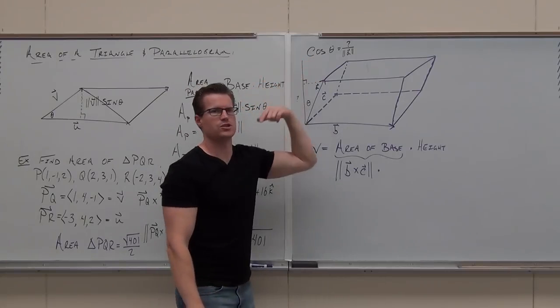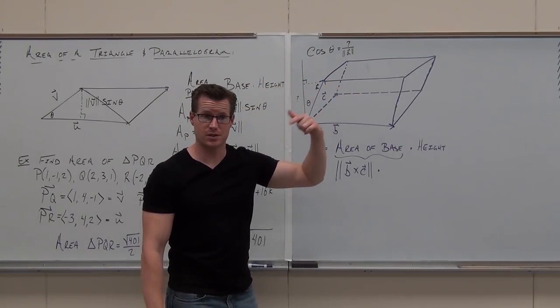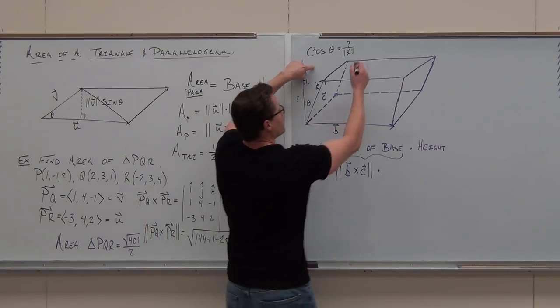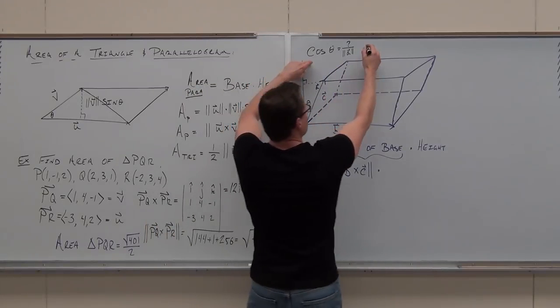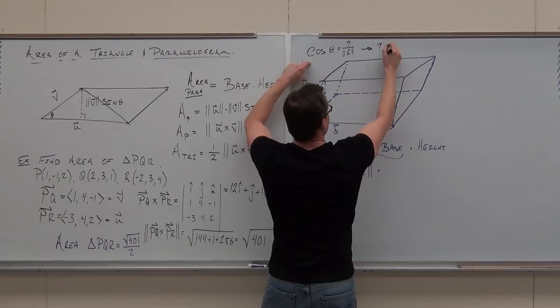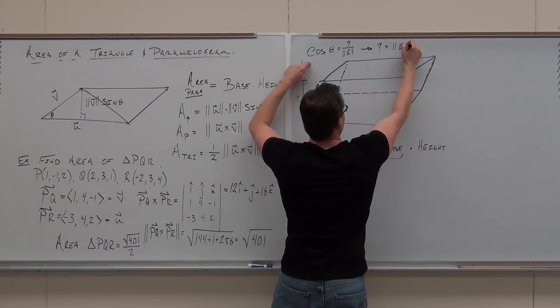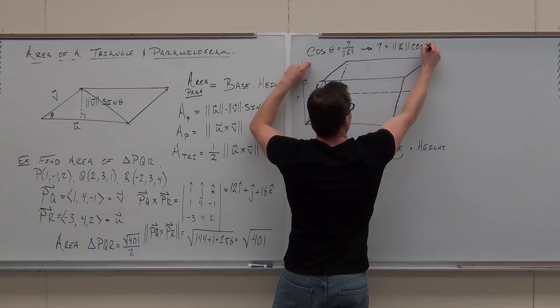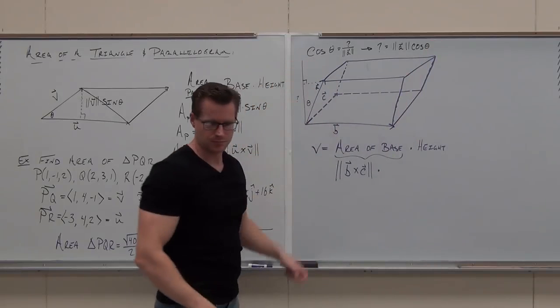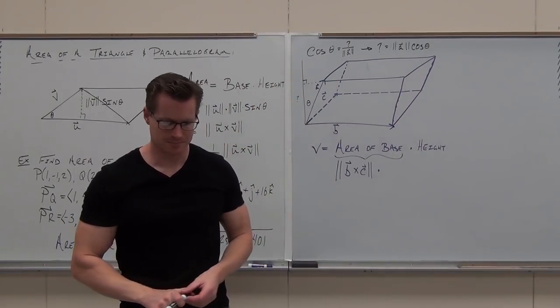Cosine theta is always adjacent over hypotenuse. If the hypotenuse is the magnitude of that vector A, then when I solve for the question mark, we get that.